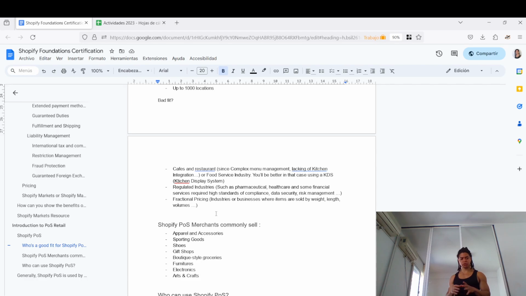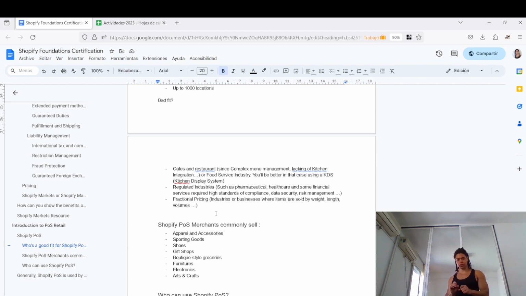So merchants usually sell apparel, sporting goods, sporting shoes, something that we're going to take a look at in that particular case. Sporting goods, shoes, boutique style groceries, furniture, electronics, gift shops, and art and craft.